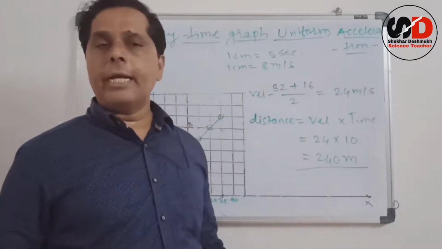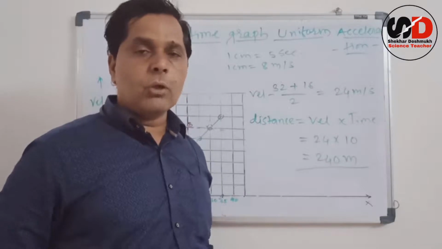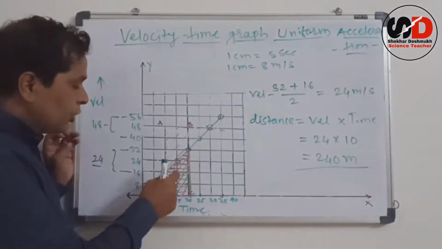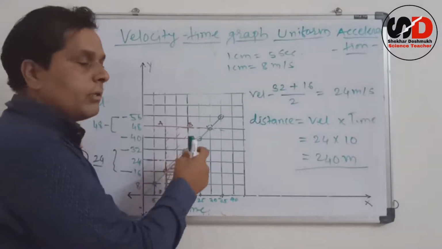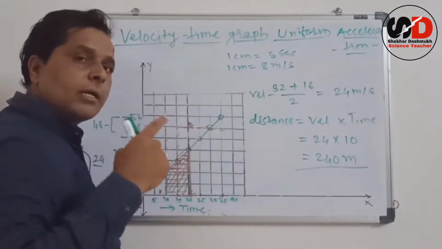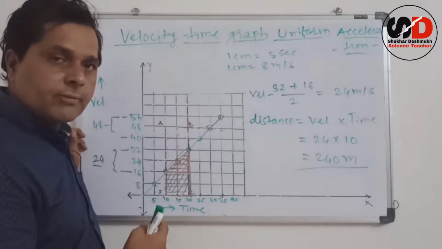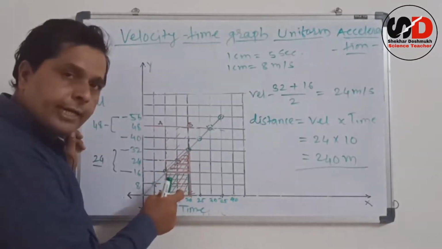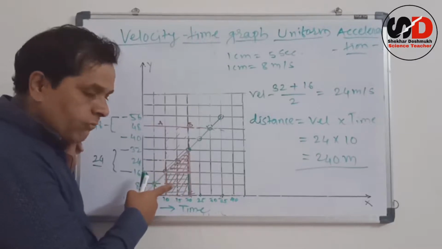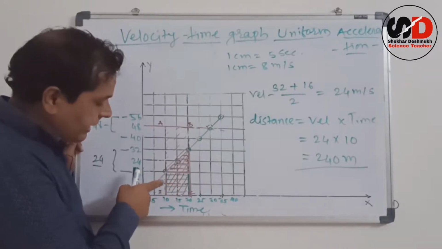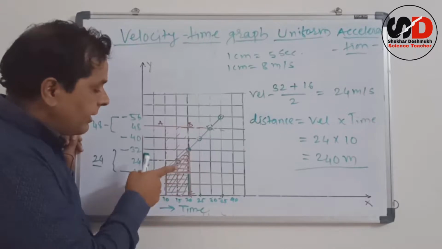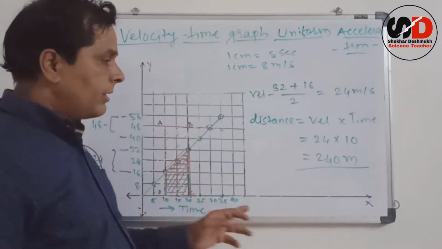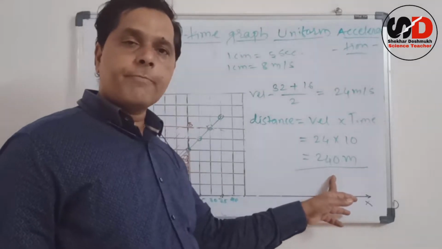You can try it at home, because you know well that the area of the shaded portion must be equal to the distance. Try to match it. How will we calculate the area of the shaded portion? Area of this square, length times breadth, and area of this triangle. Add them. It must be 240.